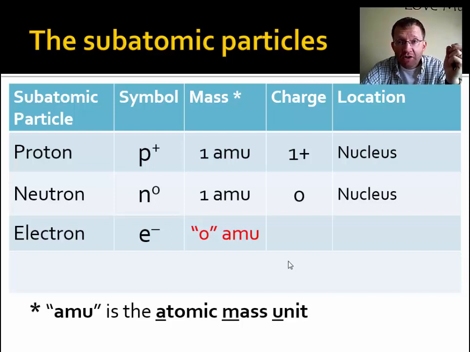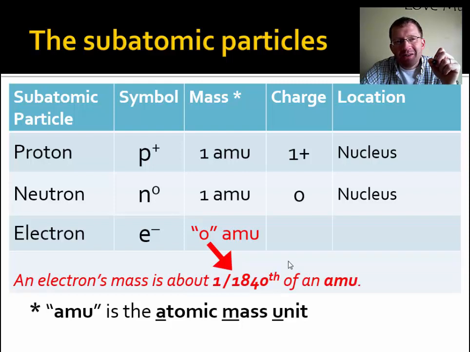In actuality, they do have mass, but in another example of significant figures, when something's mass is so small that it would almost be sort of indescribable or not considerable, essentially, that it has a mass of 0 AMUs, we're looking at a mass that's actually 1/1840th the mass of an AMU.